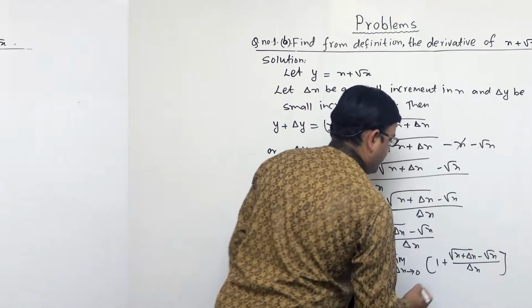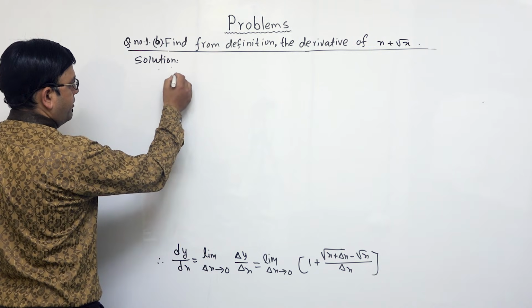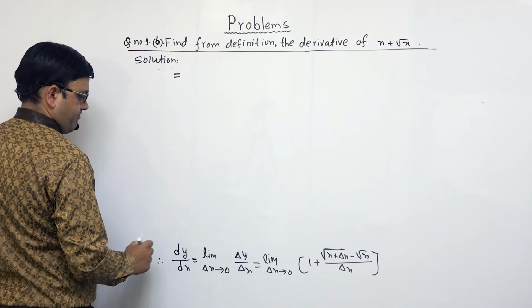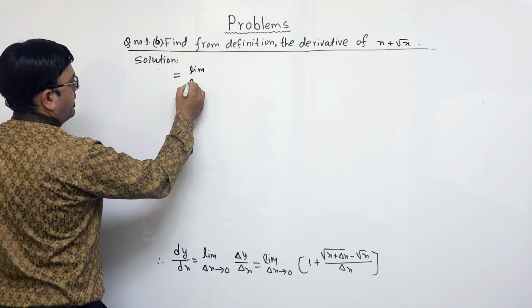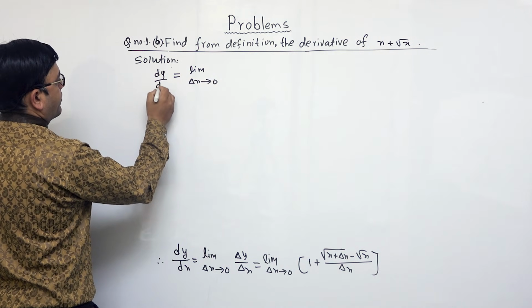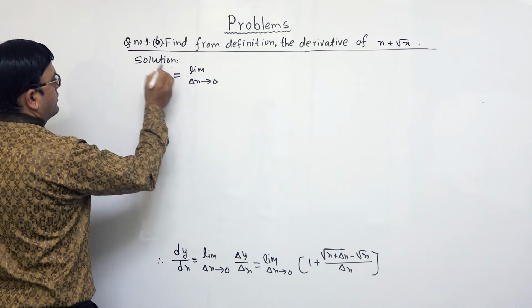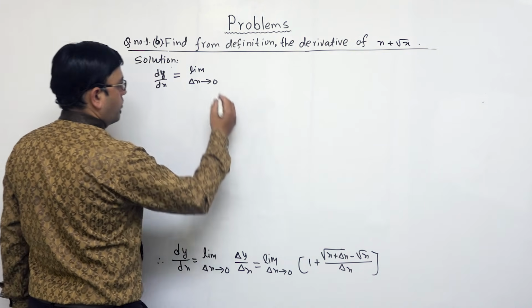So हामीसँग, this is equal to limit del x tends to 0, here is we have dy by dx.